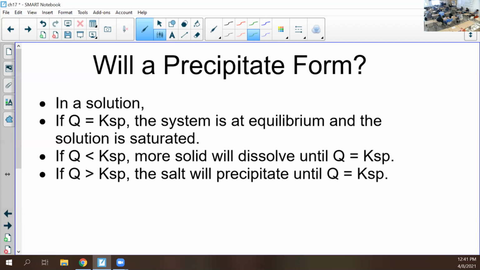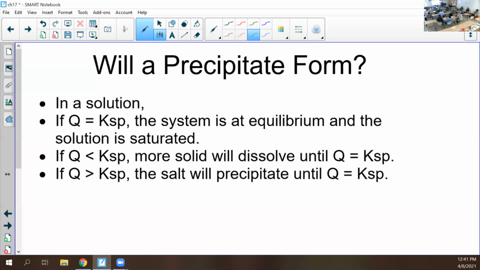Now, I don't love how this is written. Anyone know why? What did I tell you to do with Q and K? Put them in alphabetical order. Why did we do that? Then the greater and less than sign points where it should go. So these are true statements.